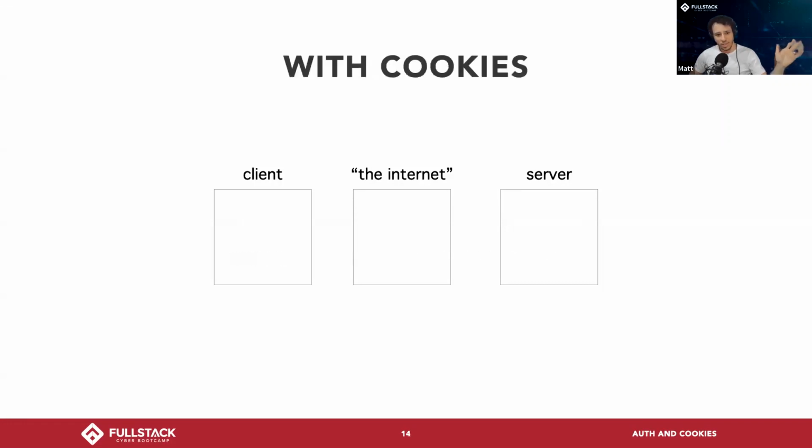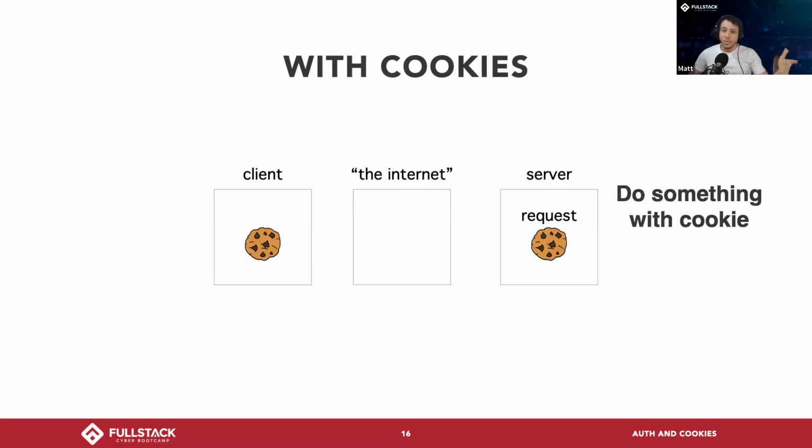This is the old way. How are we going to do it with cookies? How do we get persistence? I make a request, send it through the internet to the server. The server attaches a cookie to my response and sends that over to me as the client. My browser knows what to do with these cookies. Now when I send a new request to the server, that request is going to have my cookie attached to it.